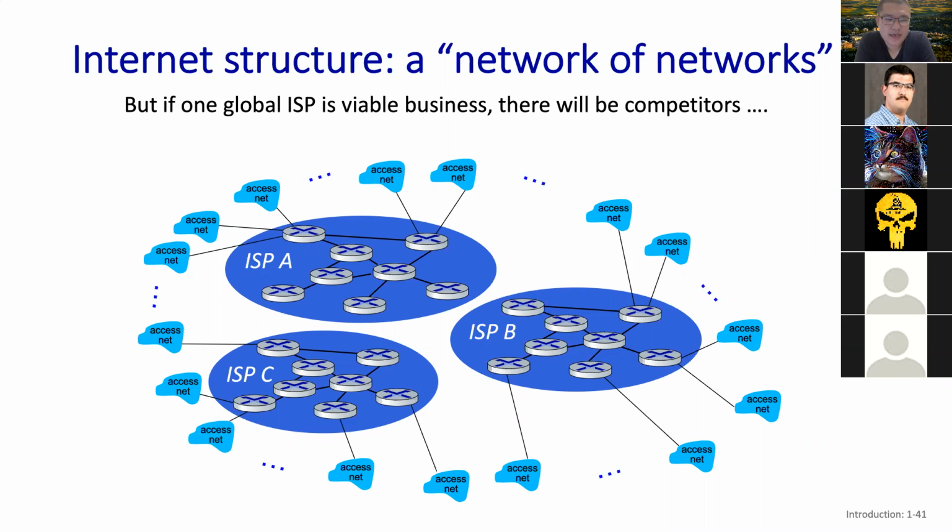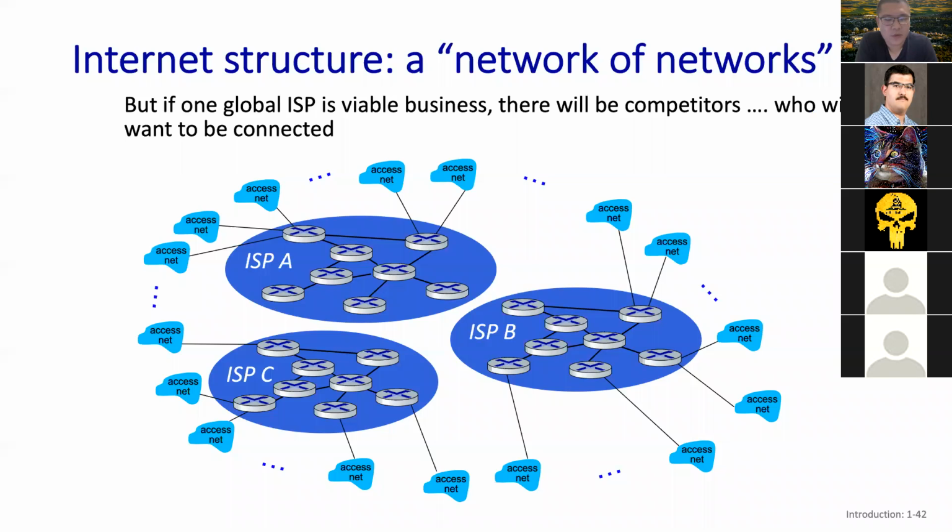But the problem is that if we don't connect those global ISPs together, then for example, the access net connected to ISP A cannot connect to the access nets connected to ISP B, right? So that means the different global ISPs need to be connected to each other as well, right?